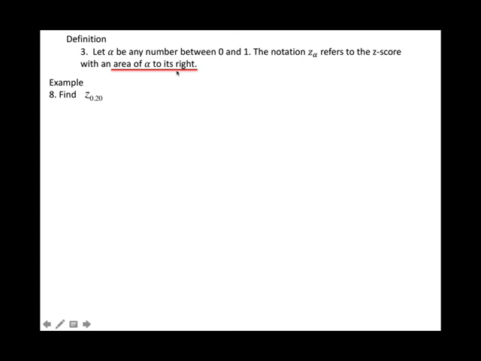So for example, I want to find this one. This is going to be the alpha, between 0 and 1, this is good. And this is talking about you will have the area 0.20 to its right. One more time, you want to find the z-score with the area of 0.2 to its right.